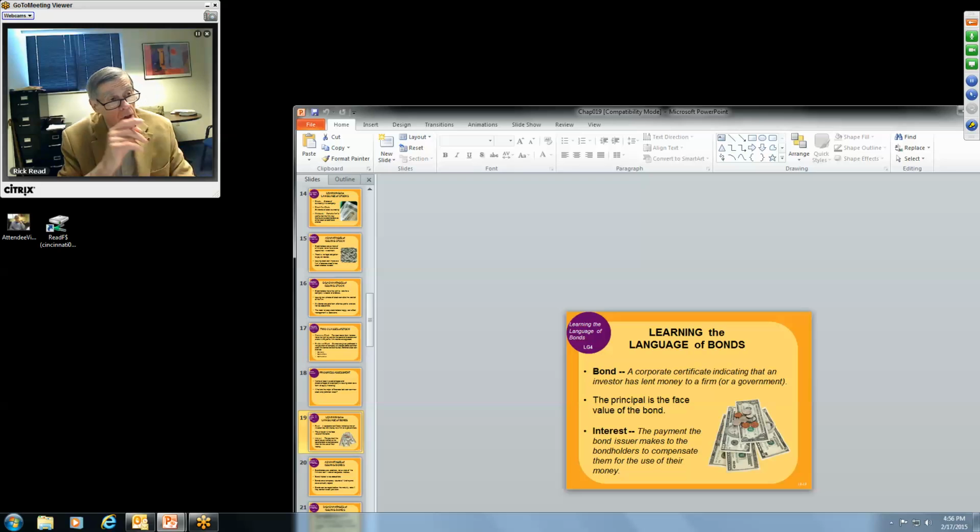Now, this is where we're going now, from equity to debt. And this is the bond. Notice it says it's a certificate. And I like to take that a step further. It's an IOU showing that Joe or Sally American has lent this company money by buying a bond.